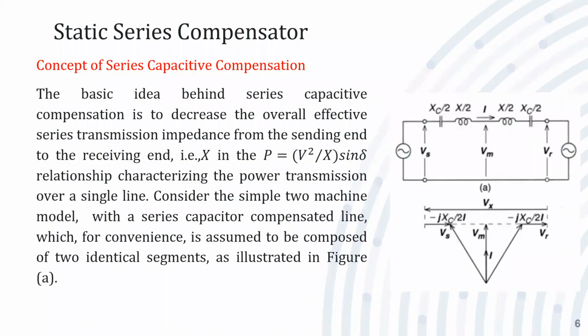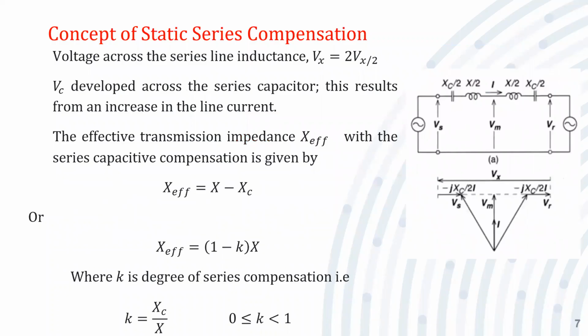This is the basic concept of the series compensator. We connect a capacitor in series with the transmission reactance, so the effective reactance will be X minus XC, where X is the reactance of the transmission line and XC is the capacitor connected in series with the transmission line.